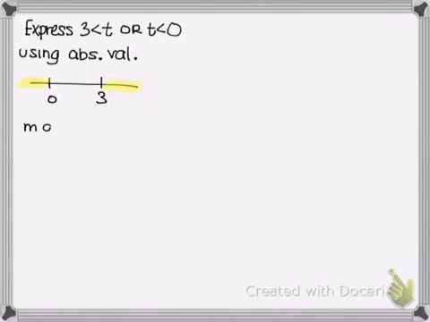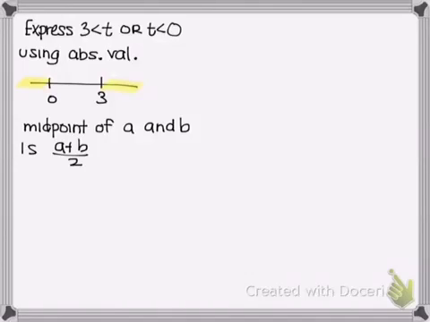So my midpoint of two general numbers, a and b, is given by a plus b over 2.